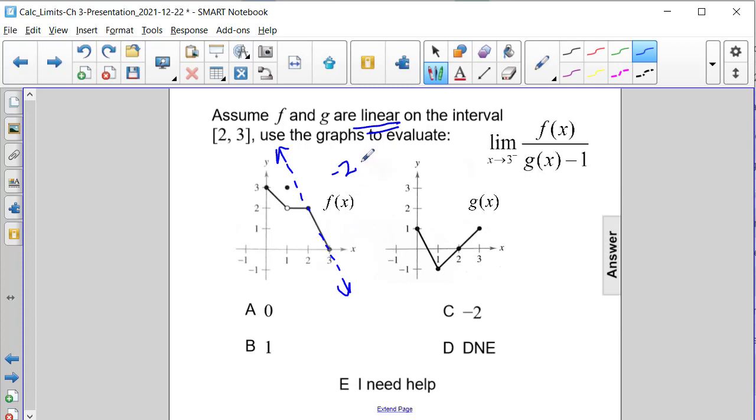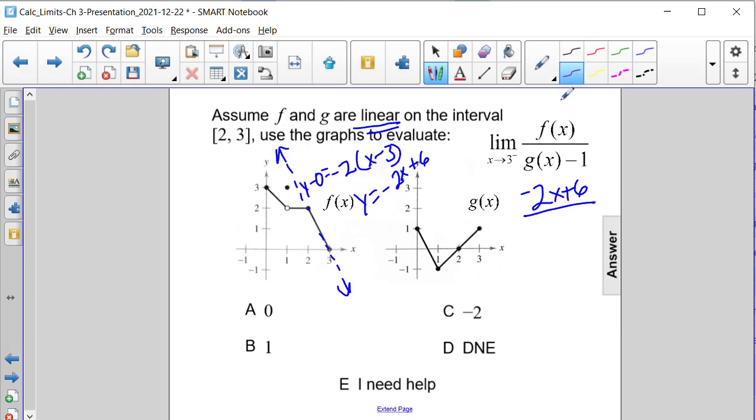I'm going to use (3, 0), so y minus 0 is equal to -2 times x minus 3. If we simplify this, we'll have y equals -2x plus 6. So -2x plus 6 is what f of x represents within that interval.